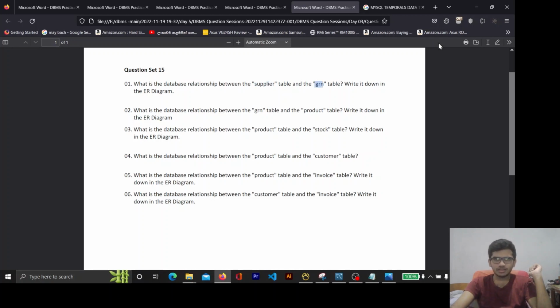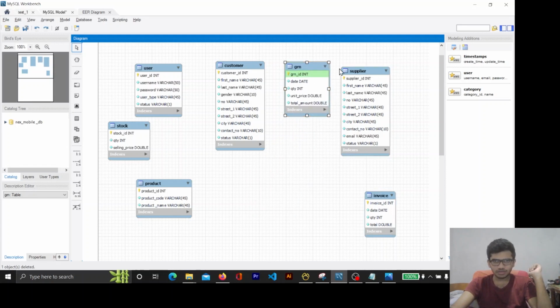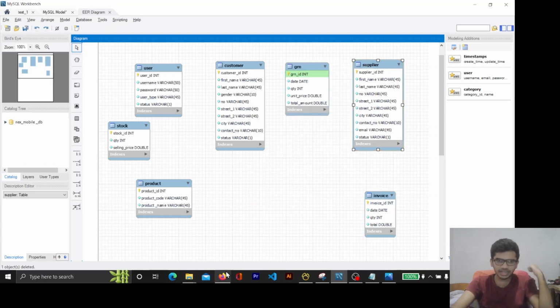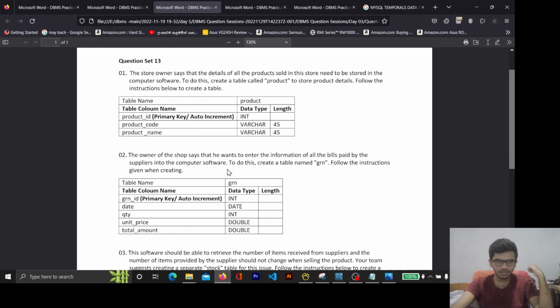Let's have a look at the GRN and the supplier. Let's see what GRN means. This is the description given for the GRN table. GRN means goods received note.